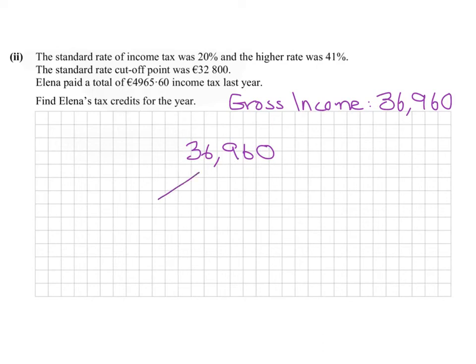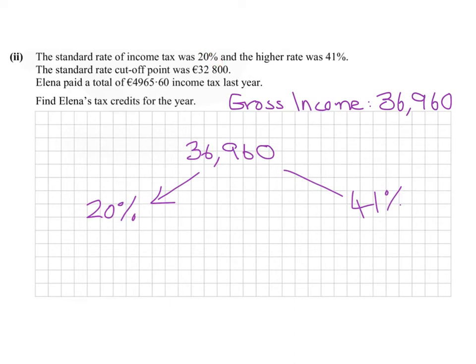So 20% and 41%. Okay, so how do we know what we're getting 20% of? We know the standard rate cutoff point here is 32,800 and 20% is the standard rate of income tax.